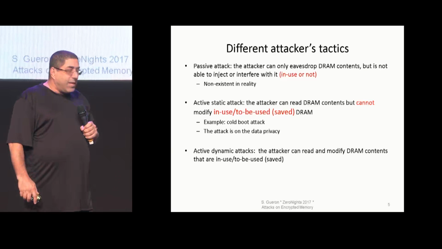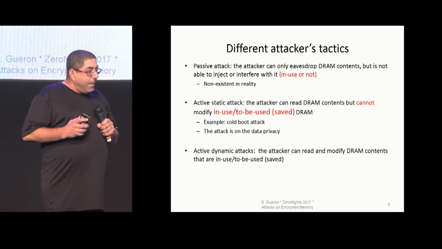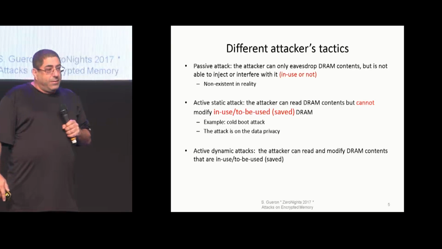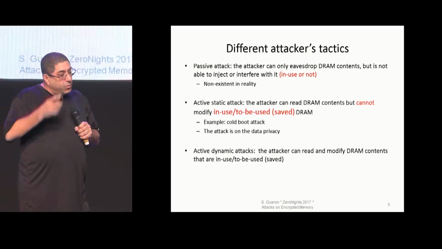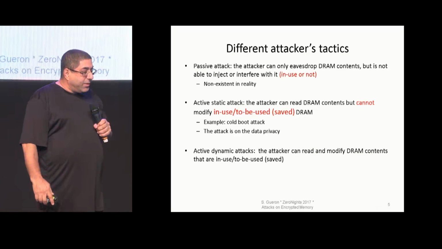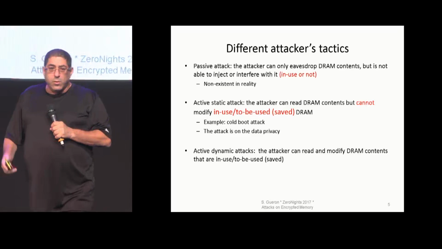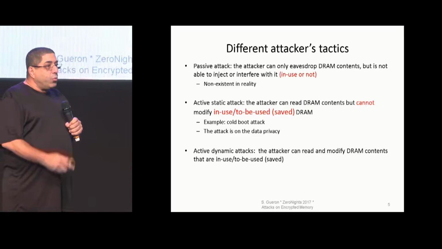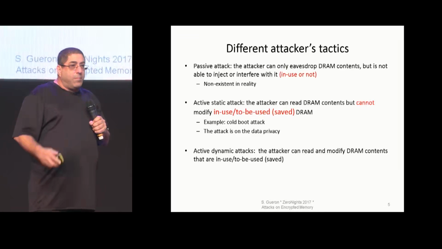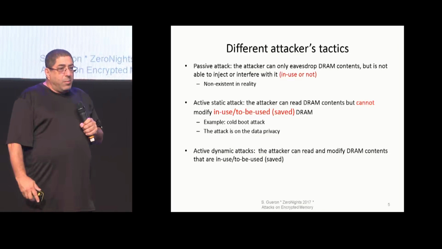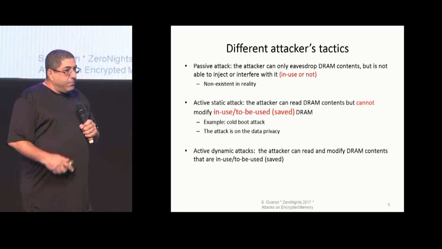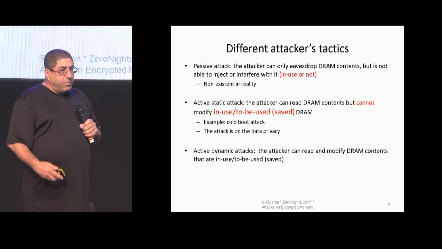Now we have an active static attacker, who can read static data one time, but cannot modify it. The best-known example of this is the cold boot attack, where you have a device, and you rip out the DIMMs from the socket, freeze them, and go rapidly to read. With high probability, you can recover most of the content that was on this DRAM.